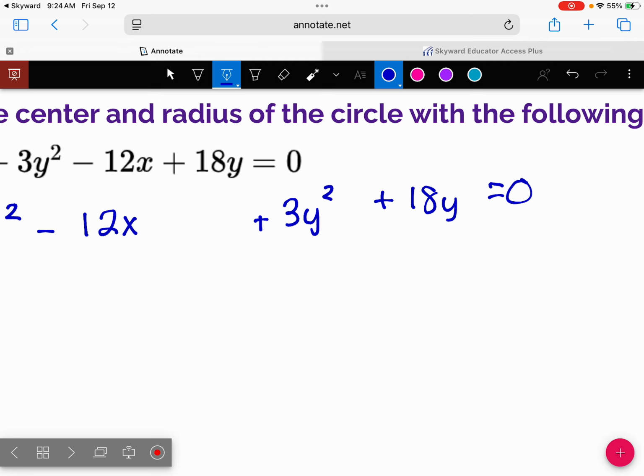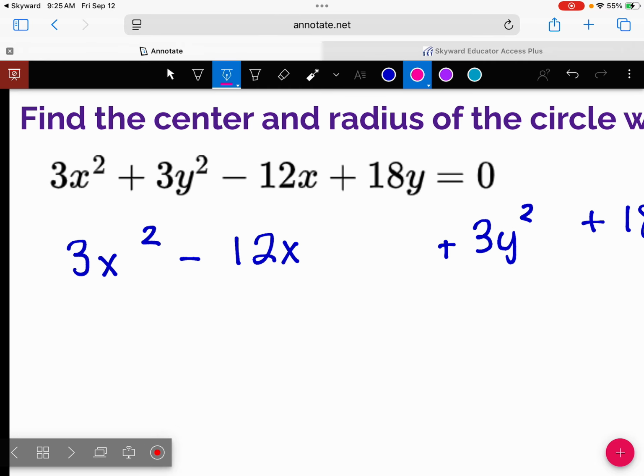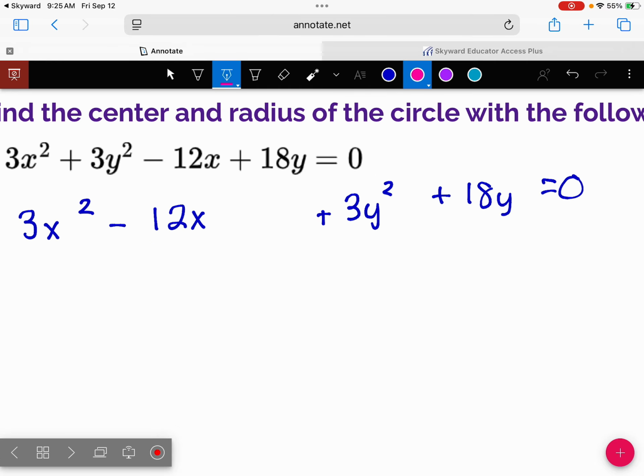When we're doing our perfect square forms, we don't really like to have those numbers in the front. So I don't want to have 3x squared or 3y squared. I want to just have one of them. So to get rid of that 3, I want to divide absolutely everybody by 3.